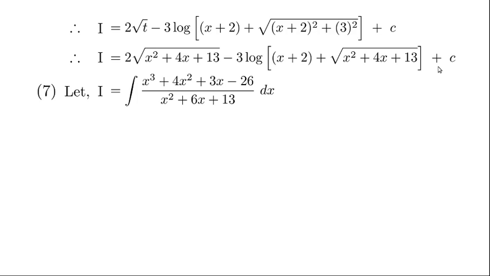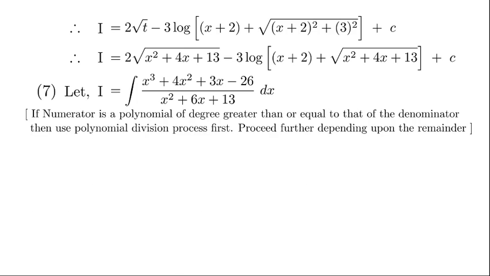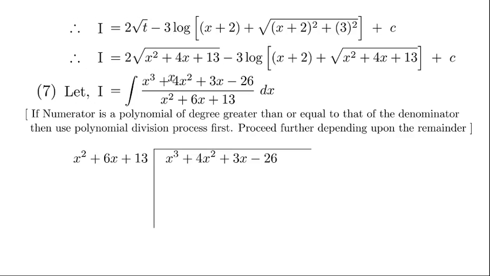So here what we note is the numerator is a polynomial of degree greater than that of the denominator. So in this case, we proceed by polynomial division, and further we think of the process, what we have to do depending upon the remainder. So division process: first I have to take x, multiply with this term, and that gives you this expression.